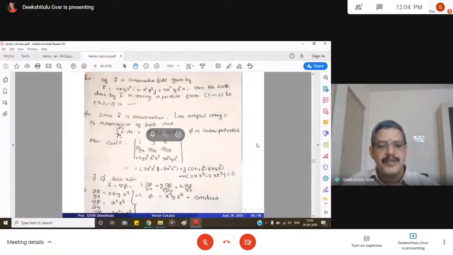If you integrate with respect to x, y and z, the common function satisfying all these properties is φ = x²yz³ plus constant. What is the result here?